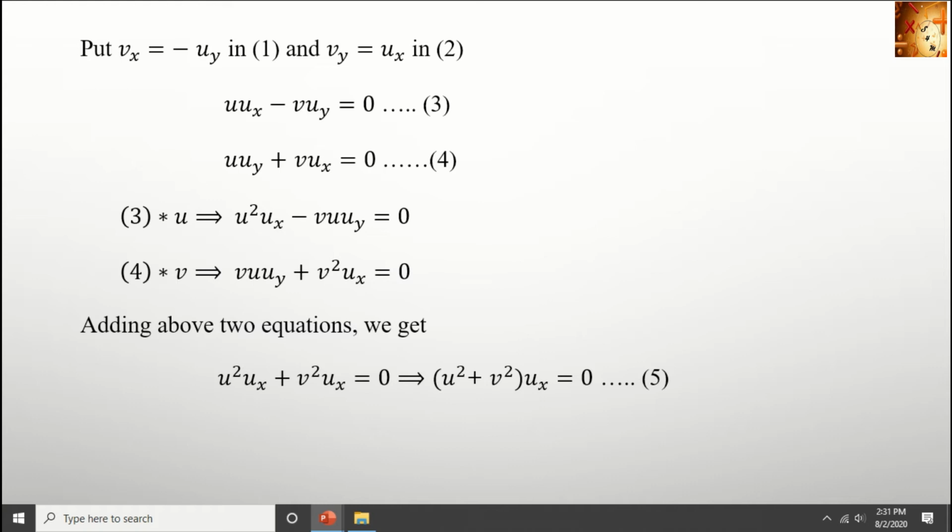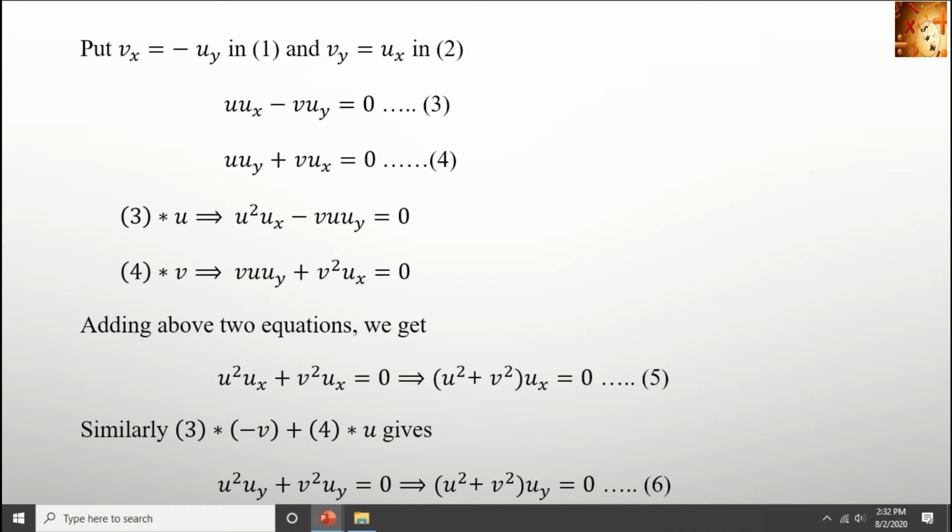Similarly, if we multiply the third equation by minus v and the fourth equation by u and add the two equations, it gives the result u square uy plus v square uy equal to 0. That means u square plus v square into uy equal to 0. Equation number 5 and equation number 6.